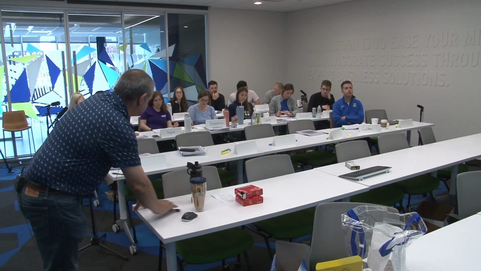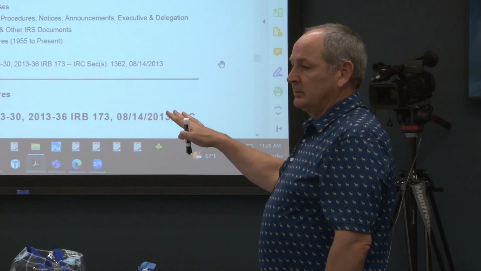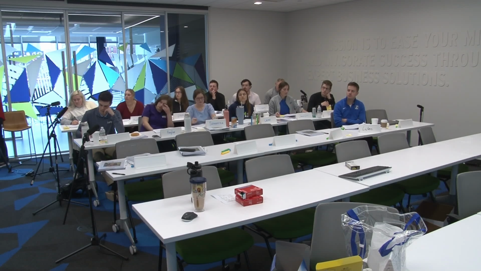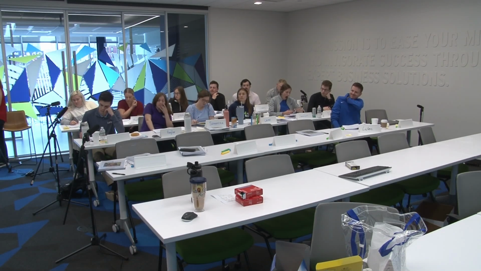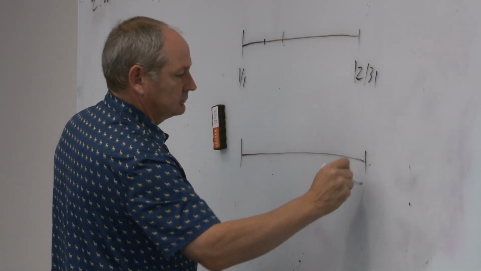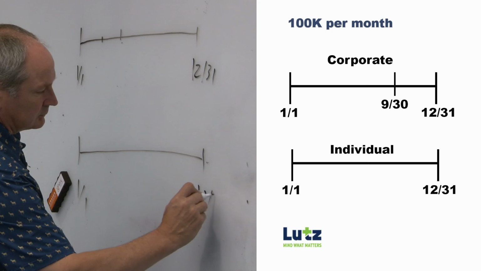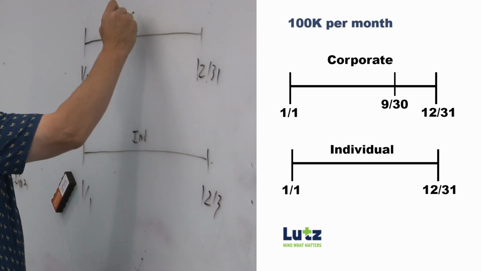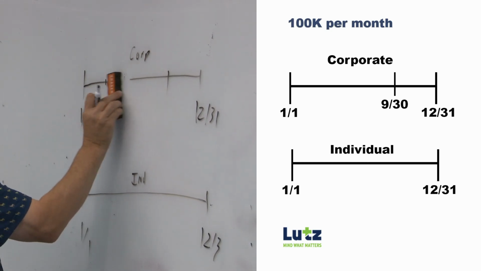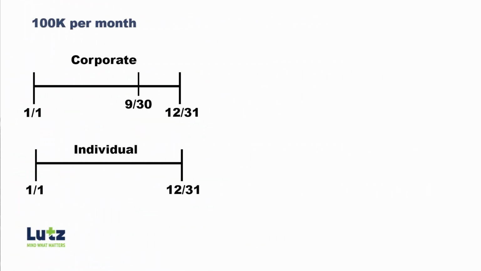Okay, so there's one other thing that I need to say about this now that we brought it up. If you want a 9/30 year end, let's say you have a corporation that earns $100,000 per month.